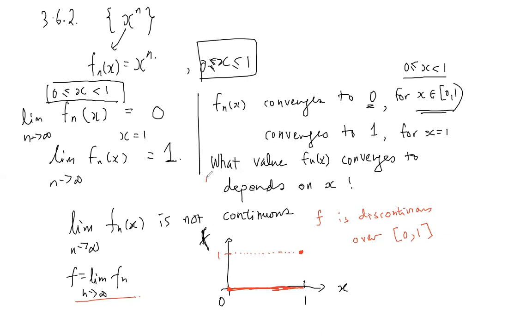Okay, so these are the two properties that are illustrated by example 3.6.2. Some of these properties are undesirable. Pointwise convergence of a sequence of functions has some drawbacks if we use this concept, because you cannot preserve continuity, and there's also a dependence on the value of x.